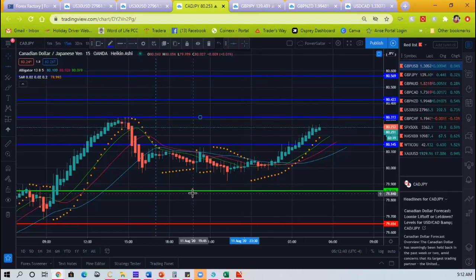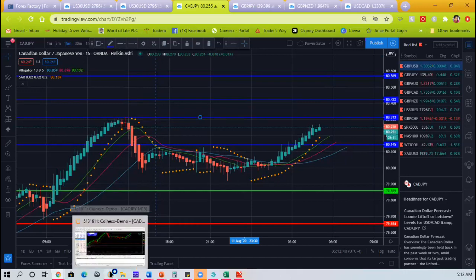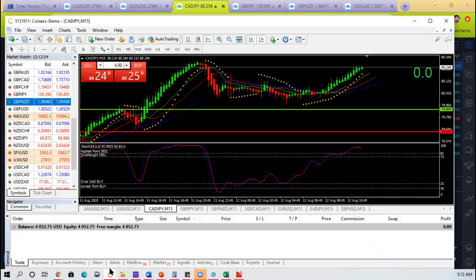So let's go ahead and pull up our MetaTrader 4 for the CADJPY. We're going to go ahead and get in the market. We're going to do a market execution. CADJPY, we are going to do a market execution. So we're going to come up here to where it says new order.